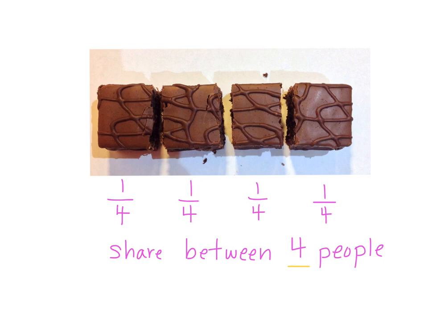So now we each get 1/4. The denominator is 4 because we're sharing between 4 people. So the more people that I have to share with, the smaller my piece gets. So the larger the denominator, the smaller the piece that I'm going to get.